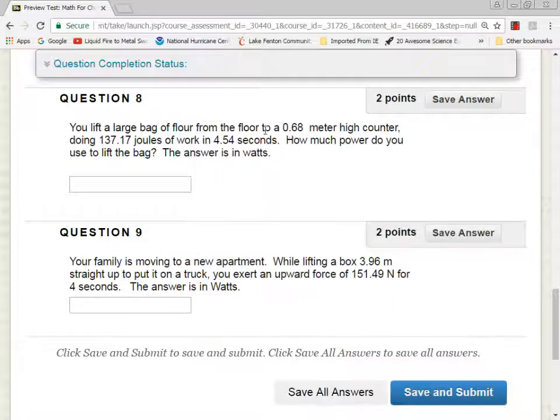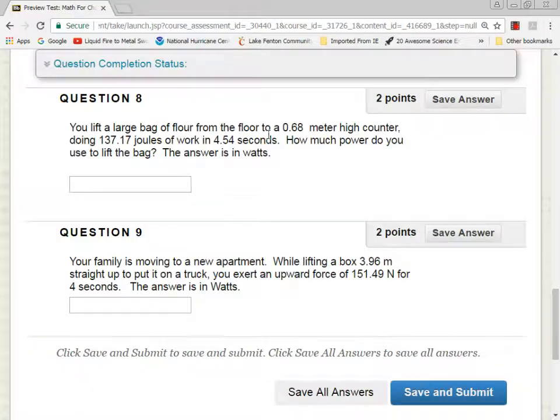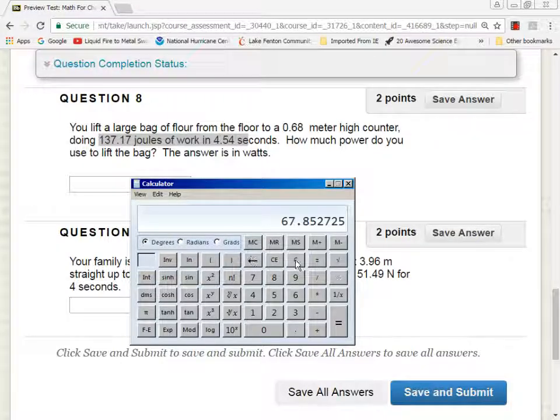Question 8 is a trick question because you've got work and you've got time, and it's asking for power. Power is work over time. So for question 8, it is just second number divided by third number.